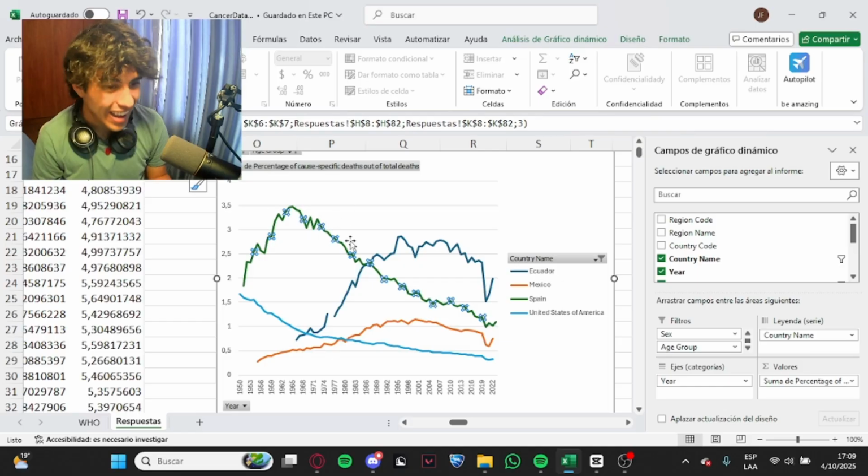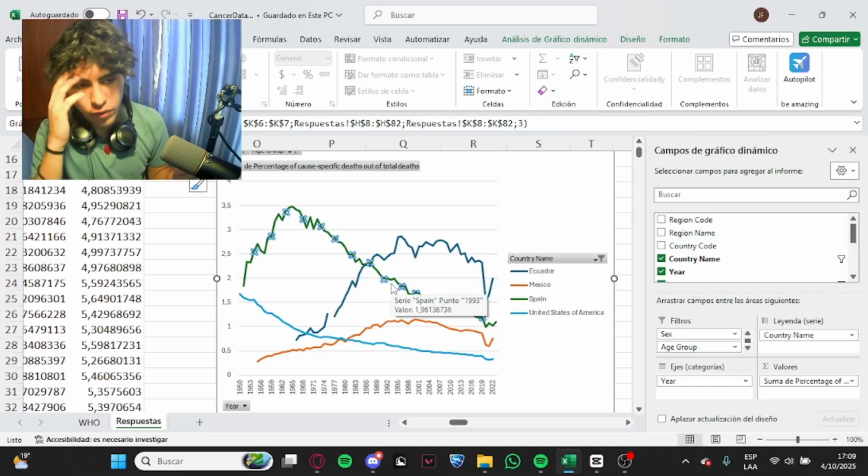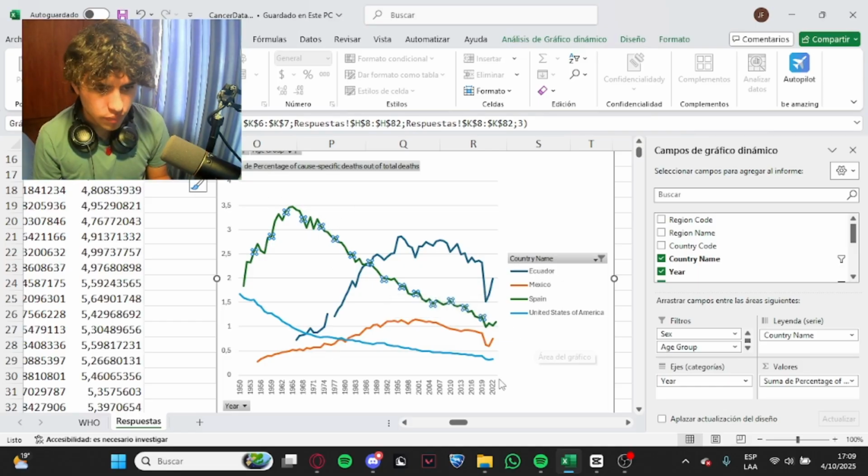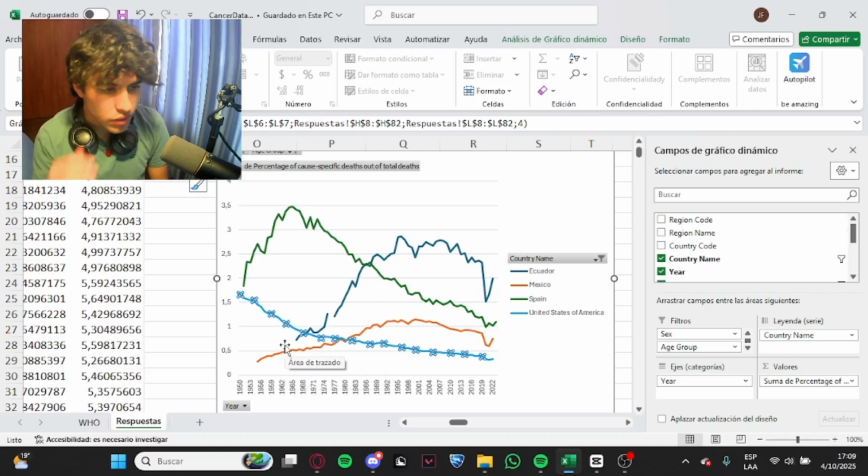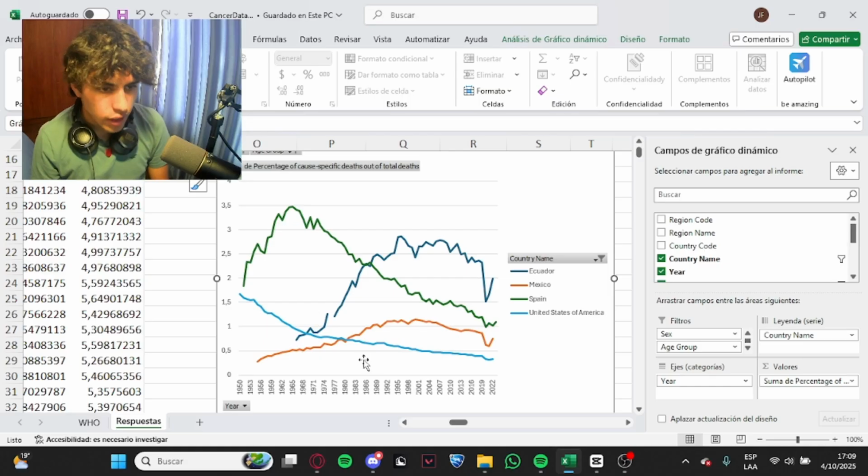It has its highest peak among all of the countries. Another thing is that the United States started with one of the highest points, and then it just went down. It didn't have another peak, in contrast with Mexico.